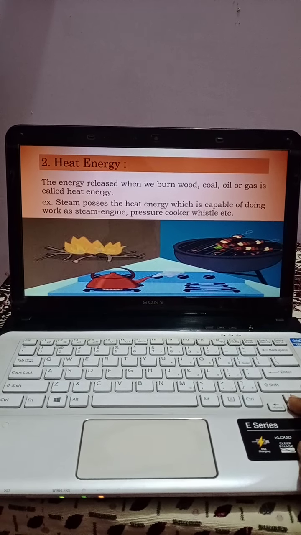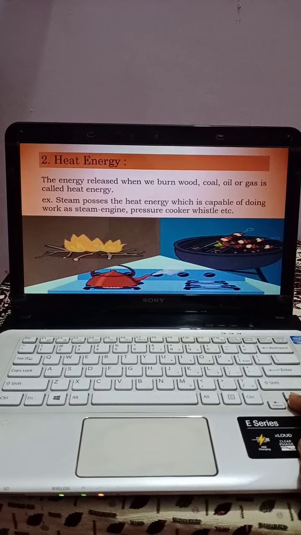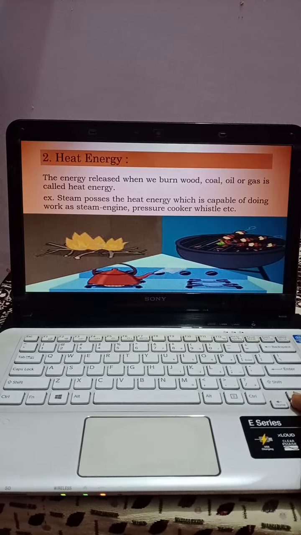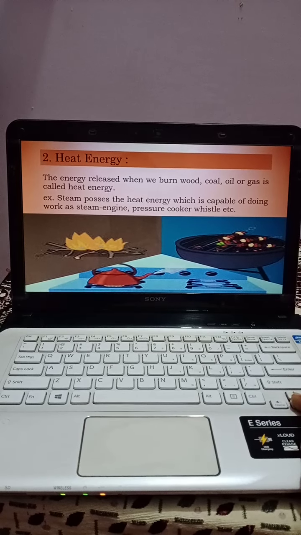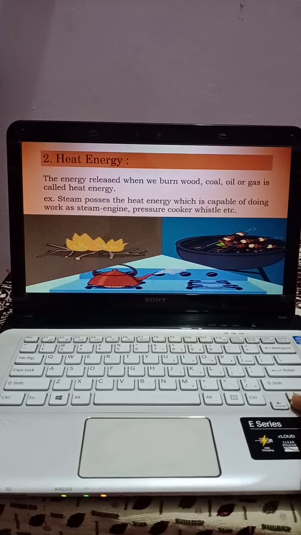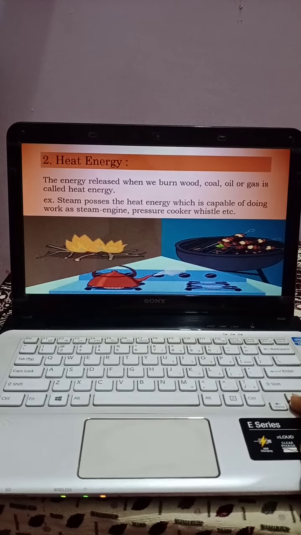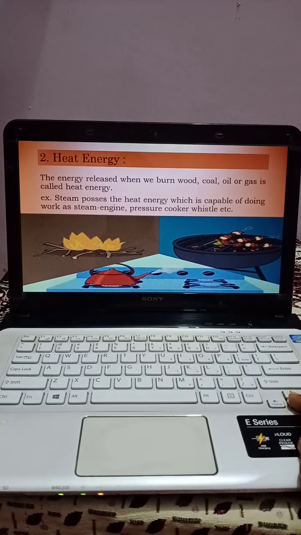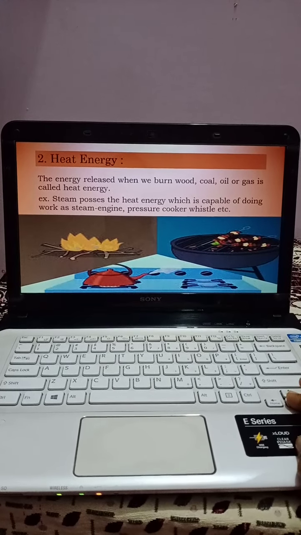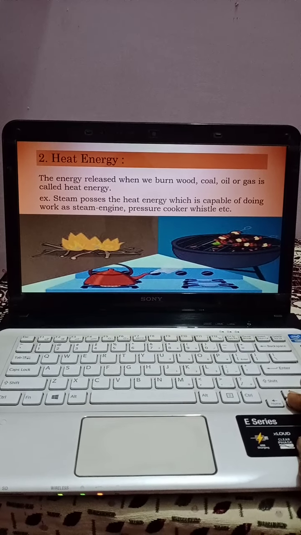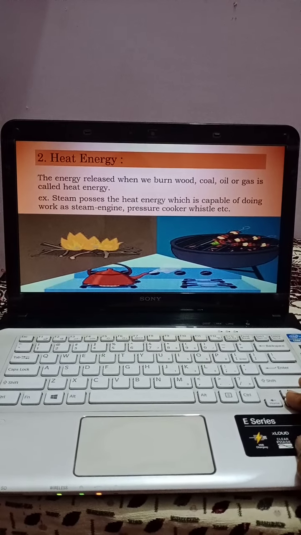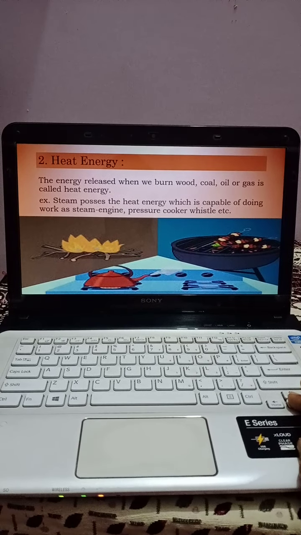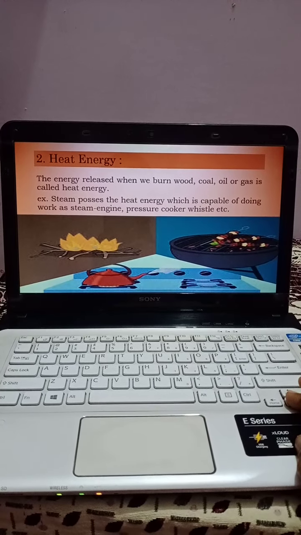The next form of energy we are going to see is heat energy. The energy released when we burn wood, coal, oil, gas, all such kinds of energy is called heat energy. Then the next question comes: why is heat a form of energy? Steam possesses heat energy capable of doing work, for example the steam engine.